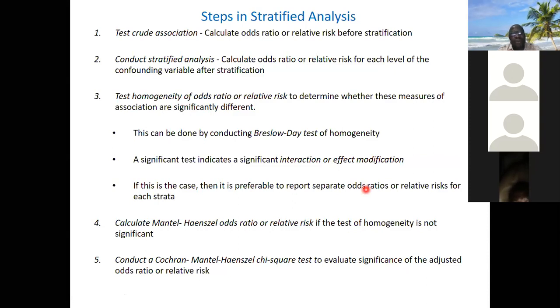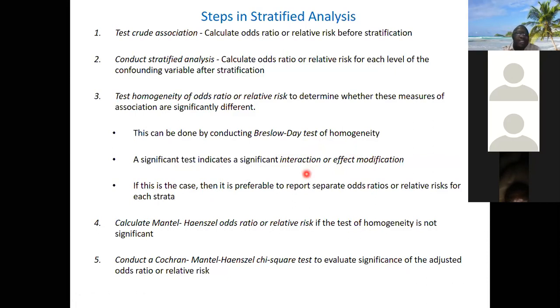That's the second step. Then you test homogeneity of the odds ratio or relative risk to determine whether the measures of association are significantly different. This can be done by conducting the Breslow-Day test of homogeneity. A significant test indicates significant interaction or effect modification.